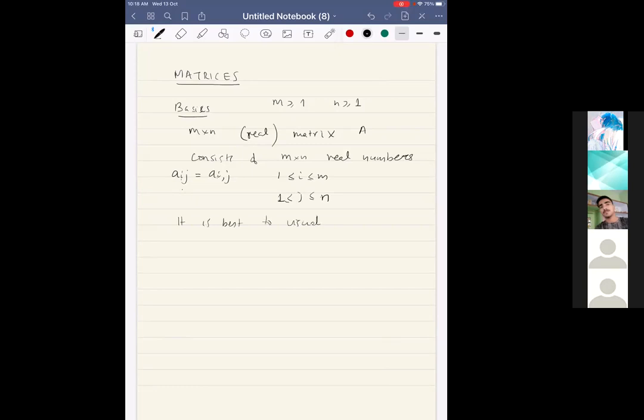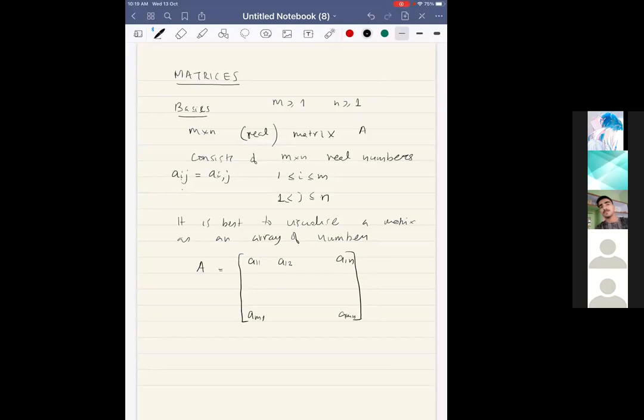So it is best to visualize a matrix as an array of numbers, and you call the array A, and so A11, A12, up to A1n, down to Am1, up to Amn.